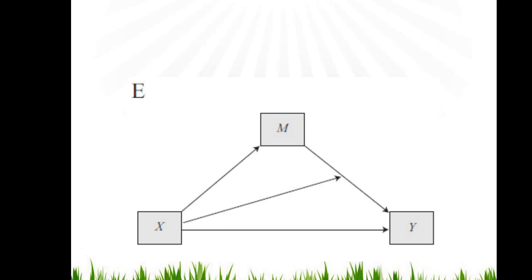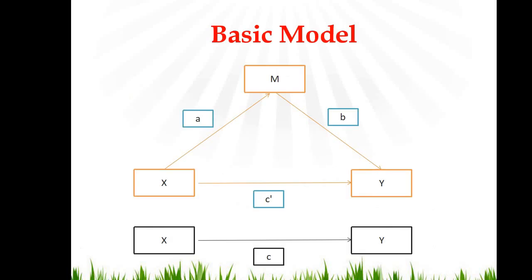Now what is mediation? If you look at the second figure here, this is a very simple model. X is affecting Y, and the coefficient which captures the effect of X on Y is C. This is a simple regression model.